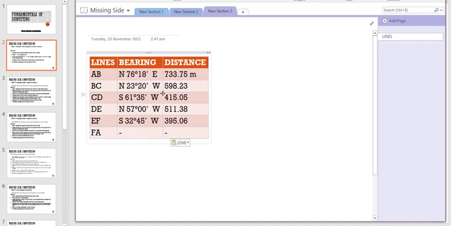So unknown iyang bearing and distance. So dali lang siya. Okay, you only have to compute the latitude and departure of the known sides. So then find the difference, compute the directions and distance. Okay, let's do this.